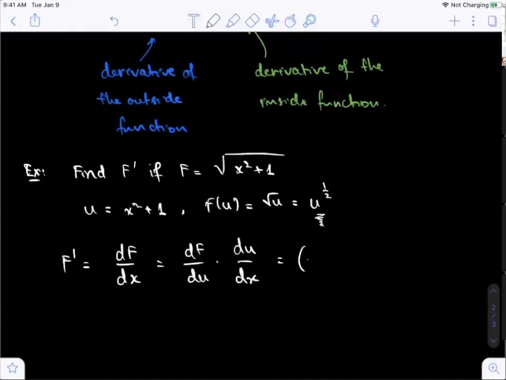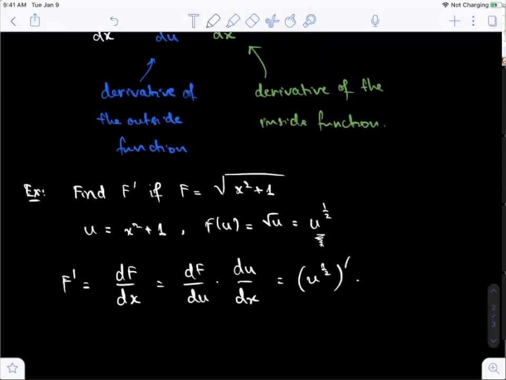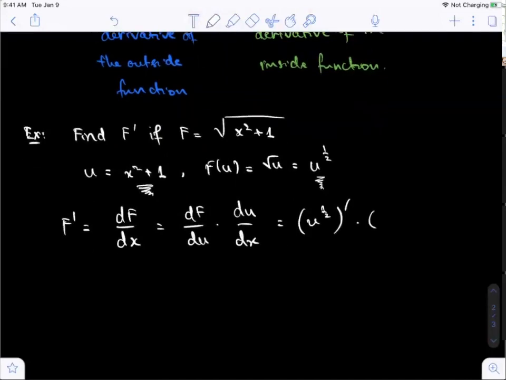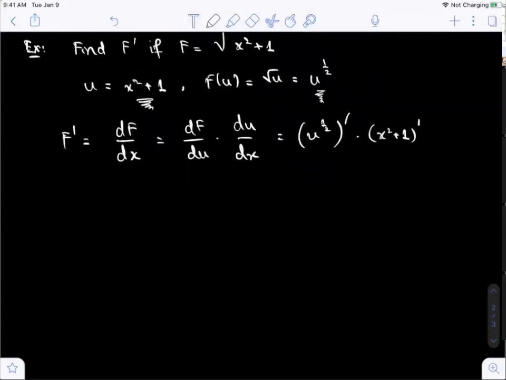So this is equal to the derivative of u to the 1/2 times the derivative of the inside function, x squared plus 1. So u to the 1/2 prime is 1/2 times u to the 1/2 minus 1, times the derivative of x squared plus 1, which is 2x, because the derivative of x squared is 2x, and the derivative of 1 is 0.